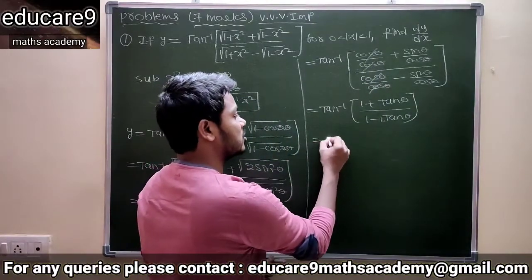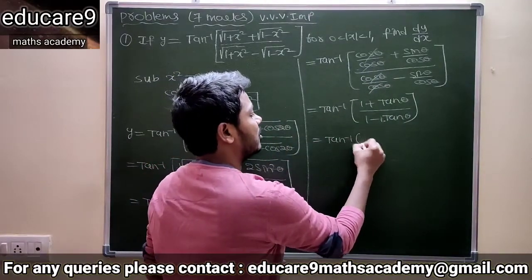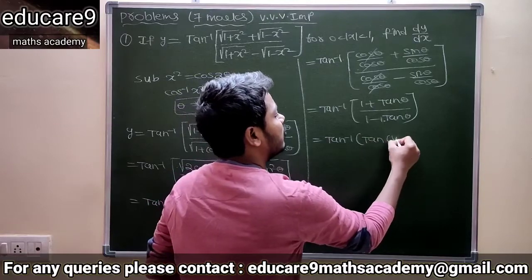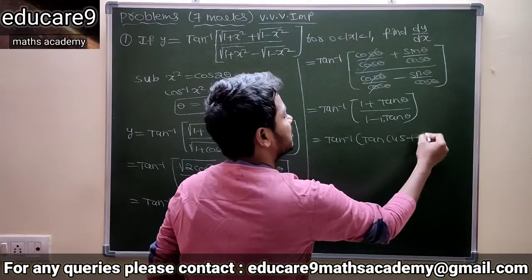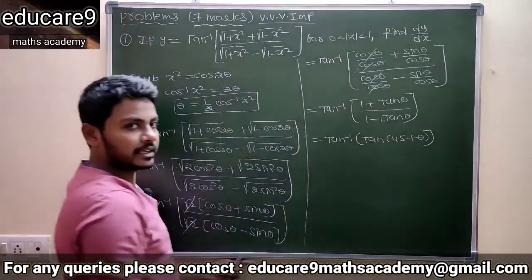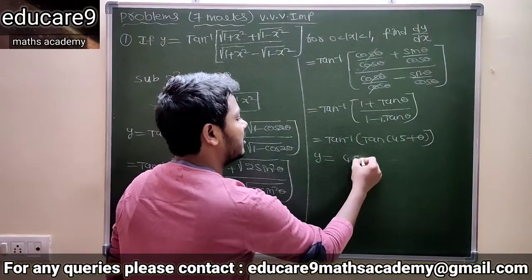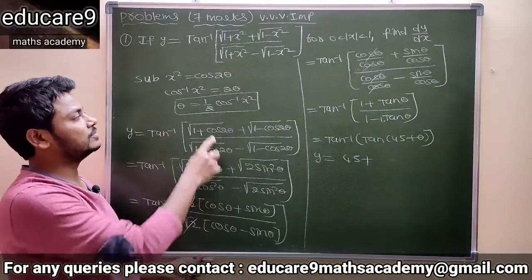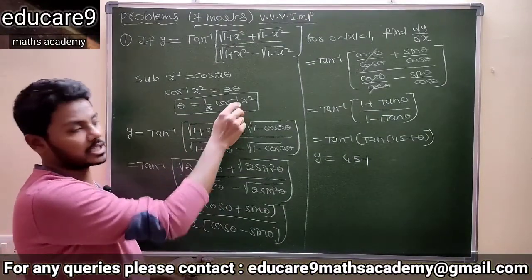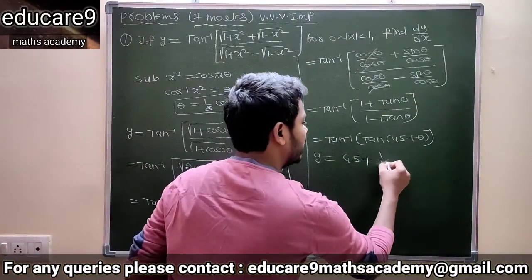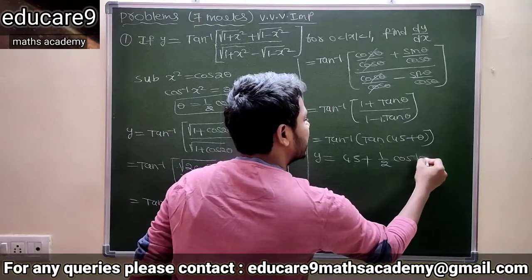So this is tan inverse of tan of (45 plus theta), and tan inverse tan gets cancelled. Therefore y is equal to 45 plus theta, where theta is 1 by 2 cos inverse x square.